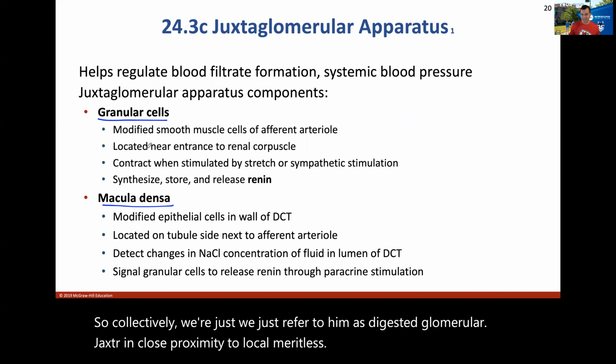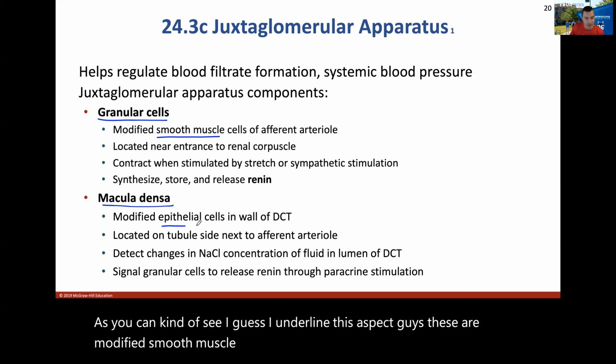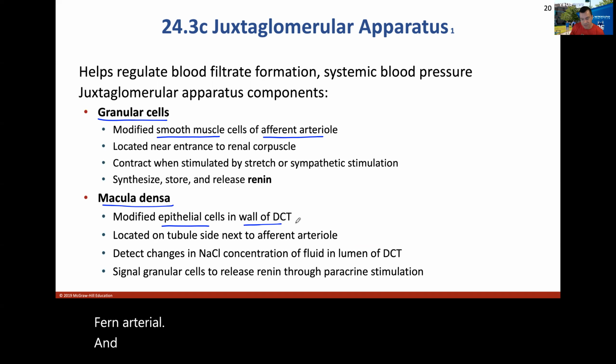As you can kind of see, I'll underline this aspect, guys. These are modified smooth muscle, and these are modified epithelial cells, okay? This is in the afferent arteriole, and this is in the distal convoluted tubule.